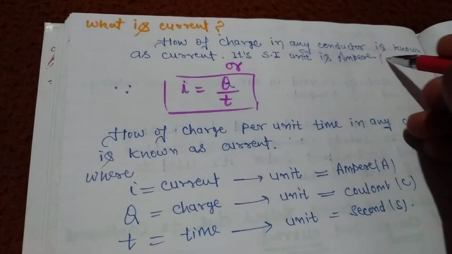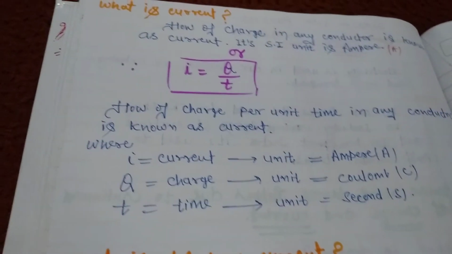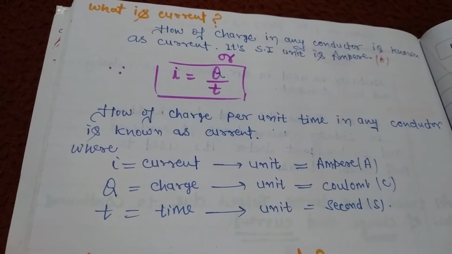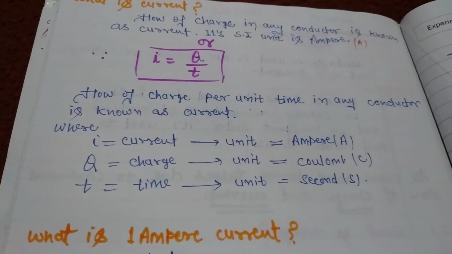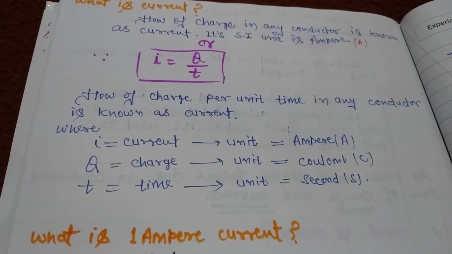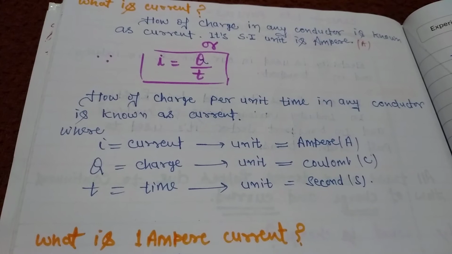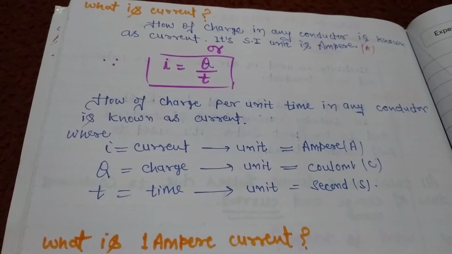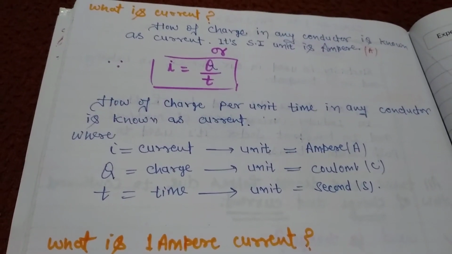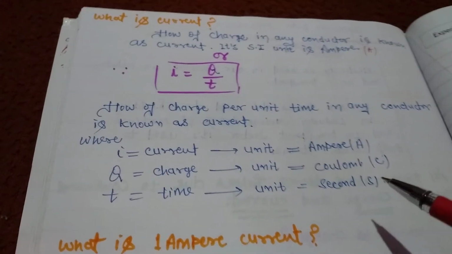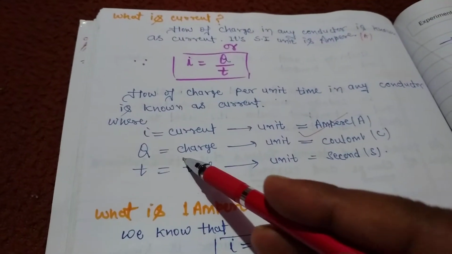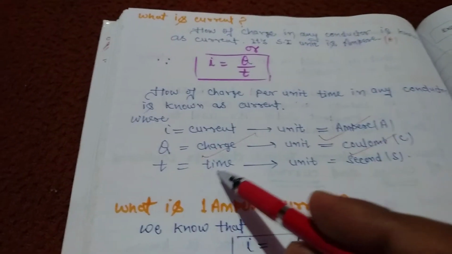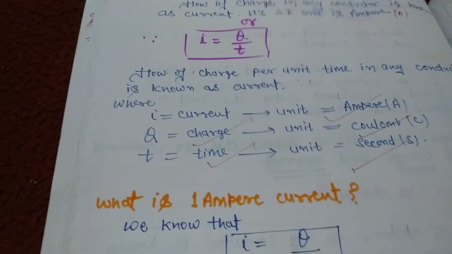Ampere is represented by A. And with the help of its formula, I is equal to Q upon T, you can write flow of charge per unit time in any conductor is known as current. In the formula, I is current and unit of current is ampere. We have discussed earlier, Q is charge, unit of charge is coulomb. T is time, unit of time is second.